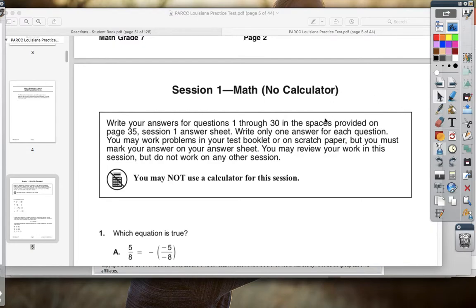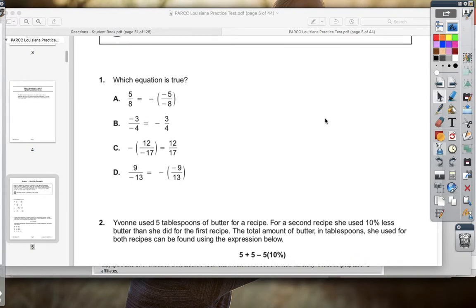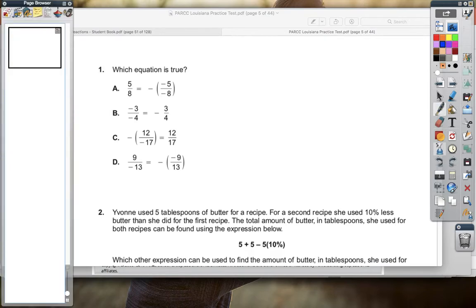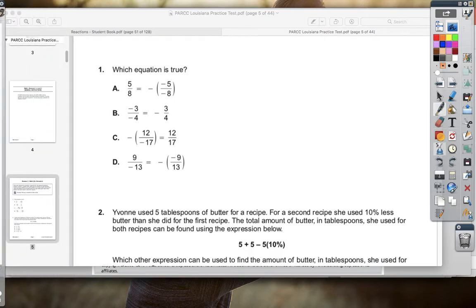So as we look about which equation is true, here is knowing the rules of negatives. And so I'm just going to go through and I'm going to think to myself, I want for this one to have a positive divided by a positive, or a positive fraction.